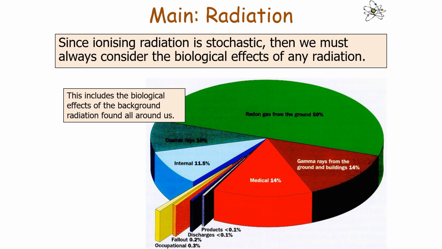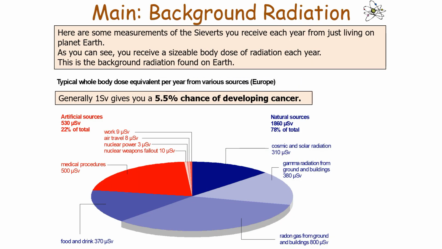Now since ionizing radiation is stochastic, we've got to always consider the biological effects of any radiation, and this includes the biological effects of the background radiation found all around us. Now here you can see some of the measurements of the sieverts you receive each year from just living on the planet Earth. So as you can see, every human does receive a sizable dose of radiation each year, which is just the background radiation found on the Earth.